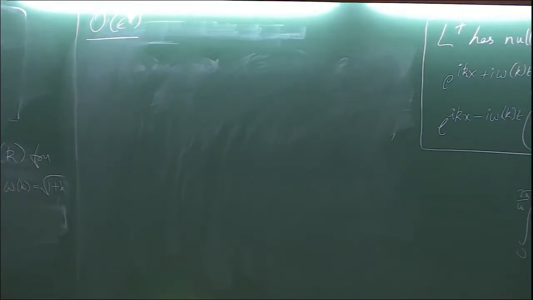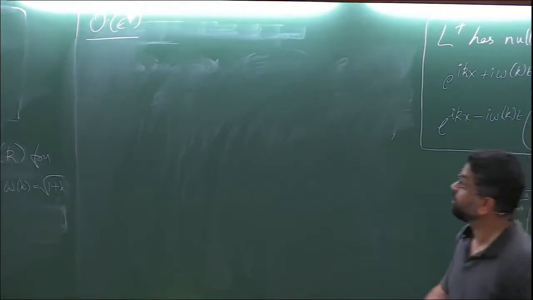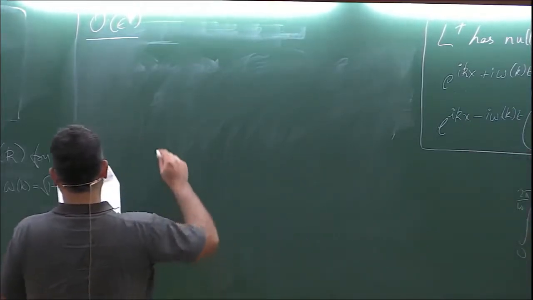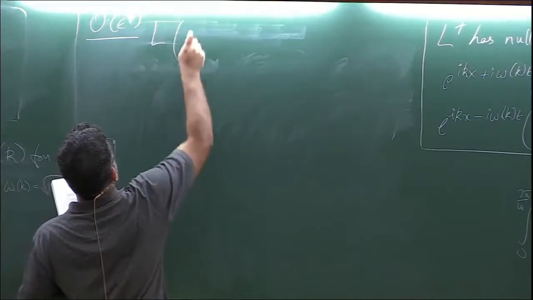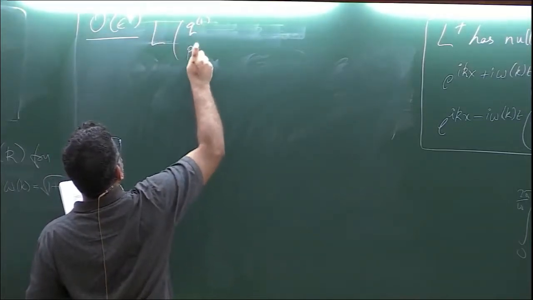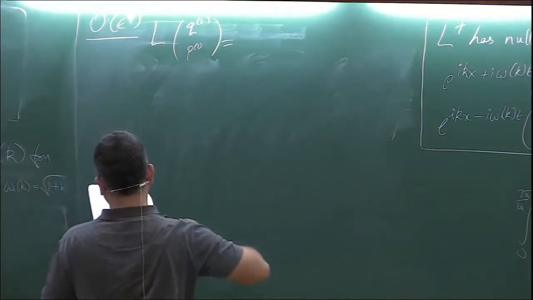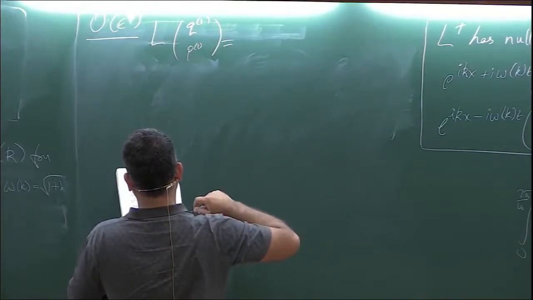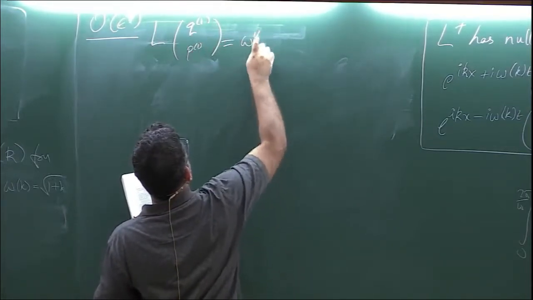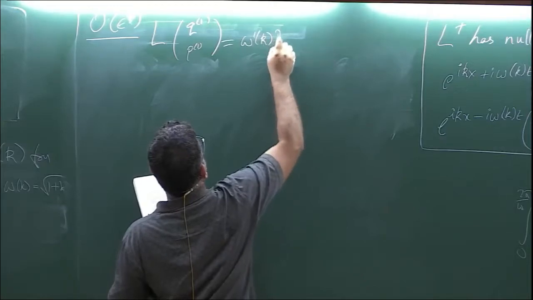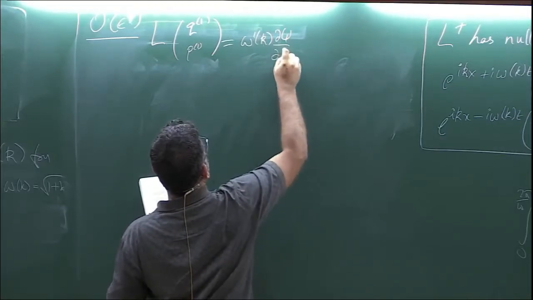So if we make this assumption and put it into the right-hand side, so d alpha dt and d alpha dx are related to this function psi, what you end up with is the following. L of q1, p1 to be omega prime of k d psi d xi.